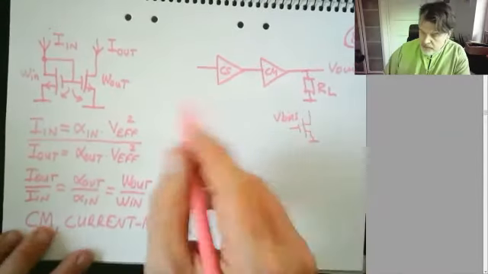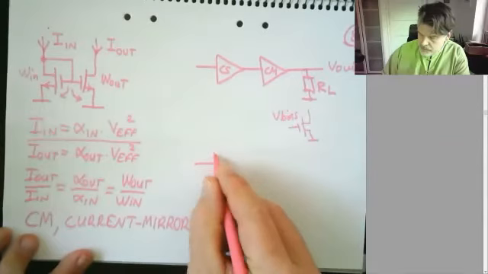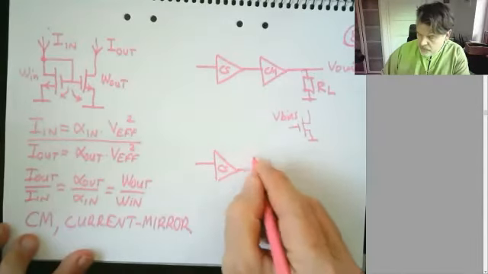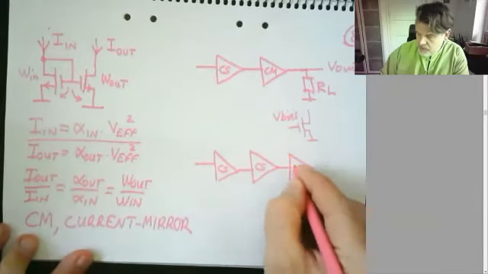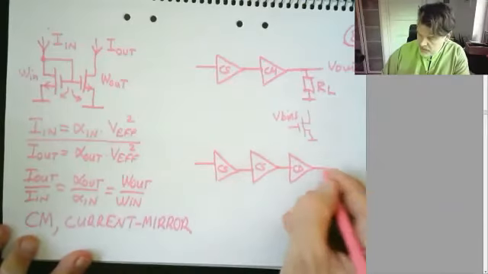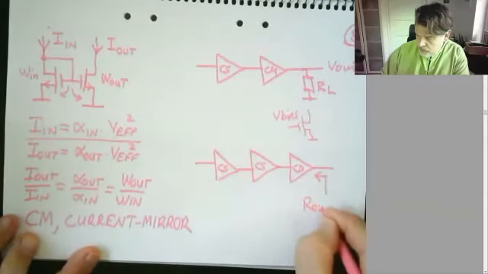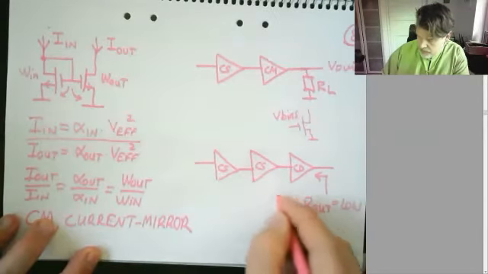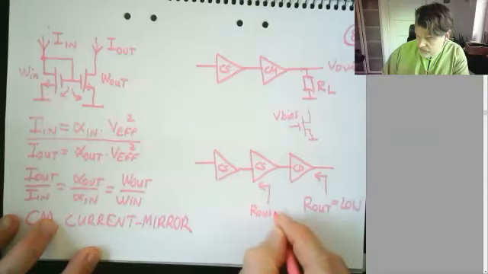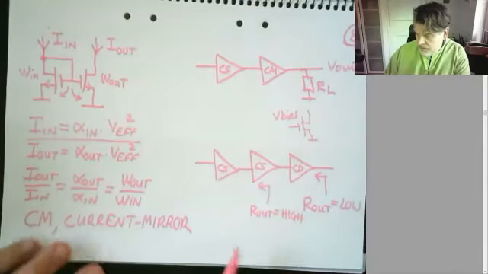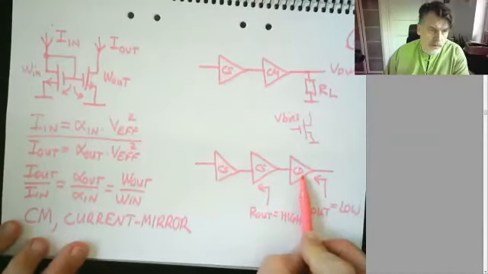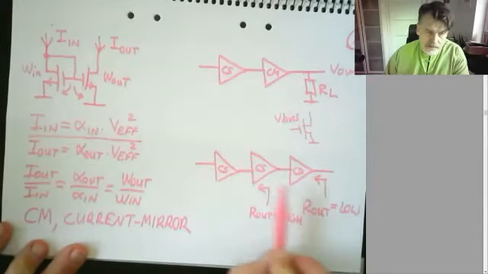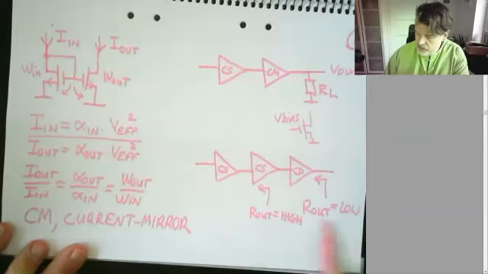And there are other ways to combine all these blocks. Maybe I could take a common source and common source to get high gain, and then I might want to have low output impedance. Then I can connect the CD to get low output impedance, low R out, etc. So dependent on my application, dependent on what kind of load I want to drive with my combined amplifier here, I might put a common drain at the output to decrease the output impedance if I want to drive low resistive loads, for example.